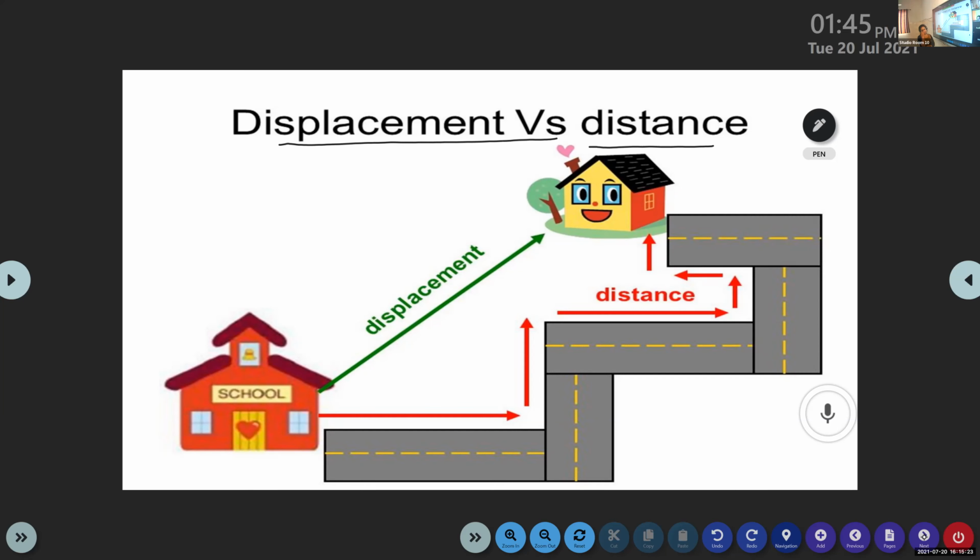So here you can see an image. This is our school. At 4 o'clock, a student leaves his school, and this is his home. When he leaves the school, he moves this way, and here is a shop.